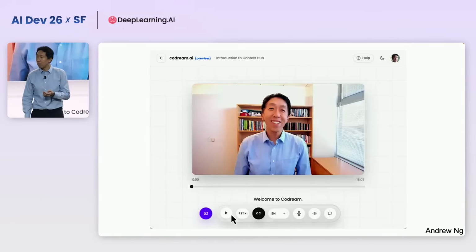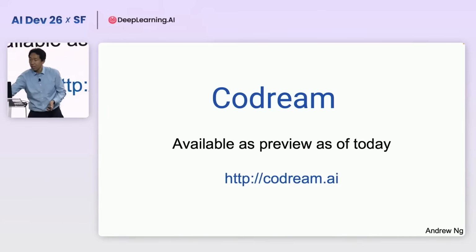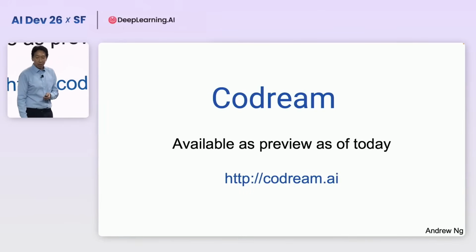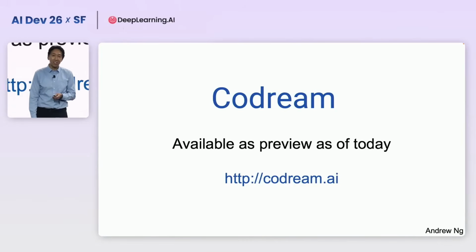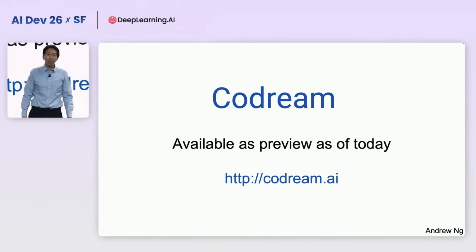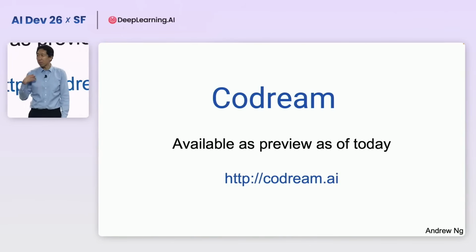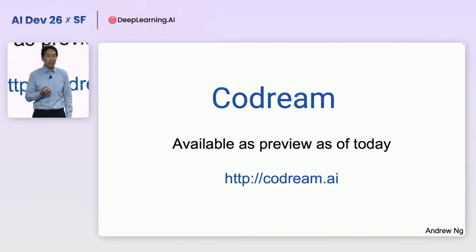And I am happy to announce that CodeDream is available as of today in preview. So please check it out. And the first experience will show you how to use Context Hub and give us feedback. We're eager to keep on working to make this better.